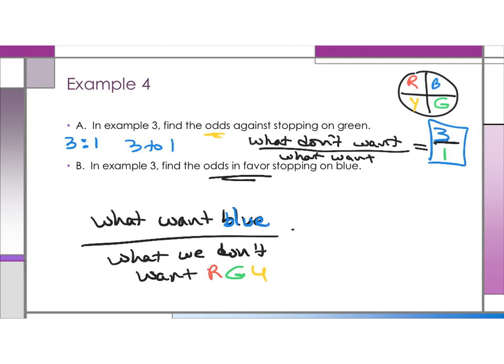So there's 1 blue, and then there's 3 colors that are not blue. Whenever you're doing odds, the numbers in the fraction should equal the total. So odds against, odds in favor, it doesn't matter. You would add numerator and denominator, and it should equal the total possibilities that you had.